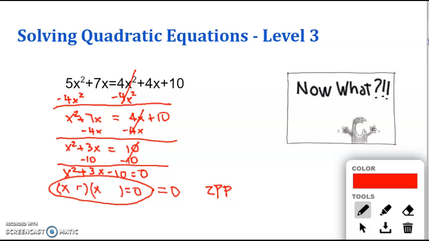So that's going to be positive 5 and negative 2, because 5 minus 2 is positive 3, and 5 times negative 2 is negative 10. So then from here I know that x plus 5 is equal to 0, or x minus 2 is equal to 0. So x is equal to negative 5, or x is equal to positive 2.